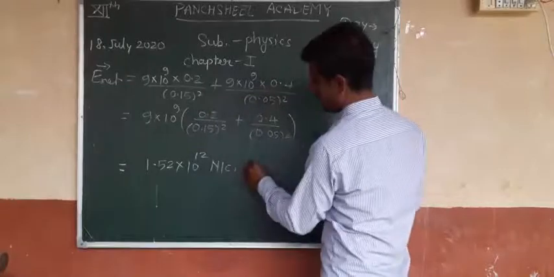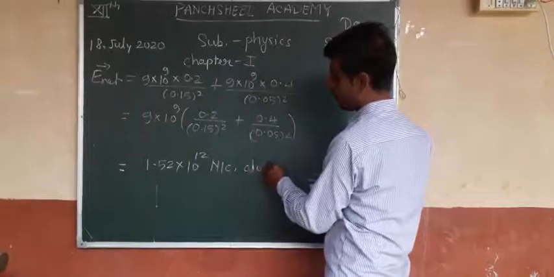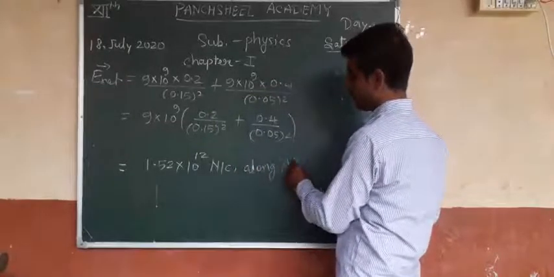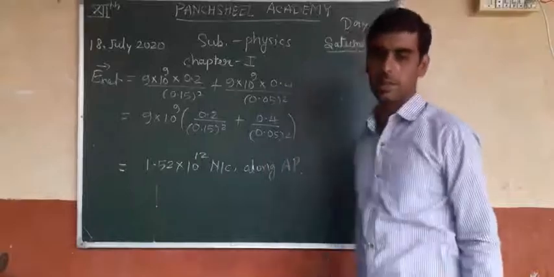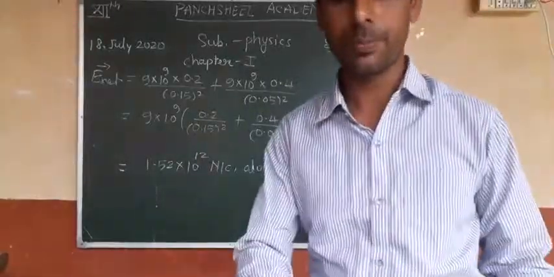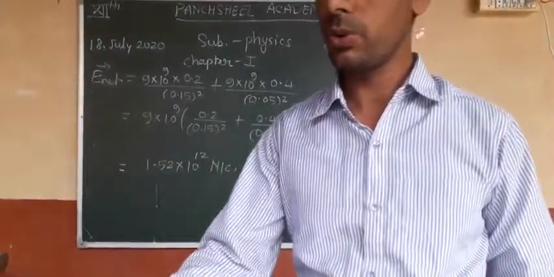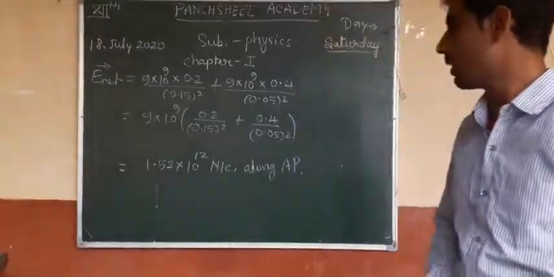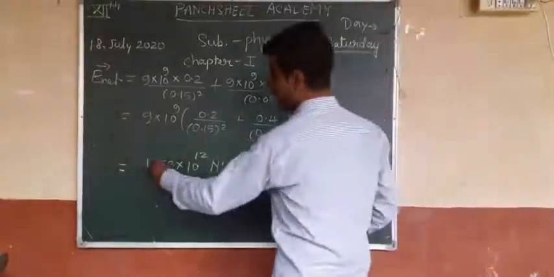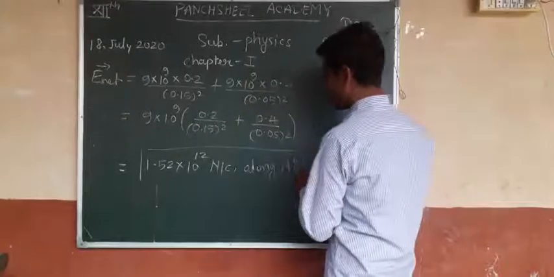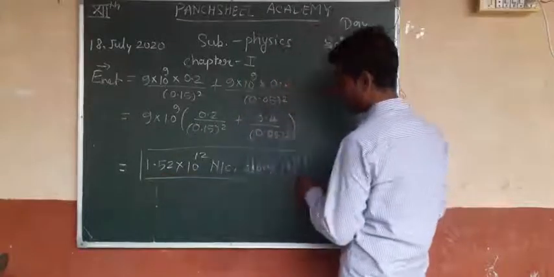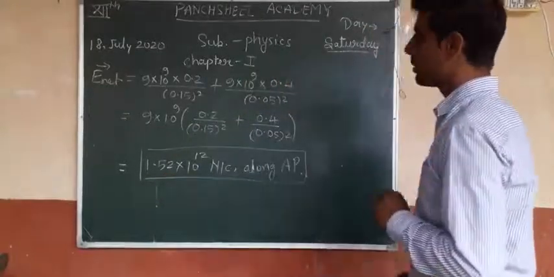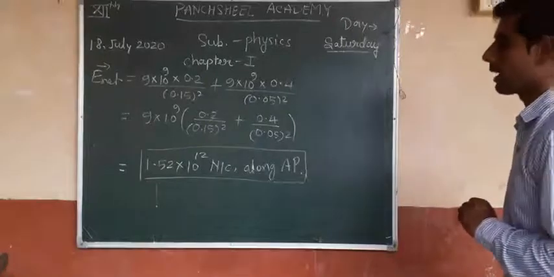And what is the direction? Along AP. So this is the value of electric field between two charges. Okay, I write this value directly because you can calculate it easily. So this is the value of the resultant electric field.